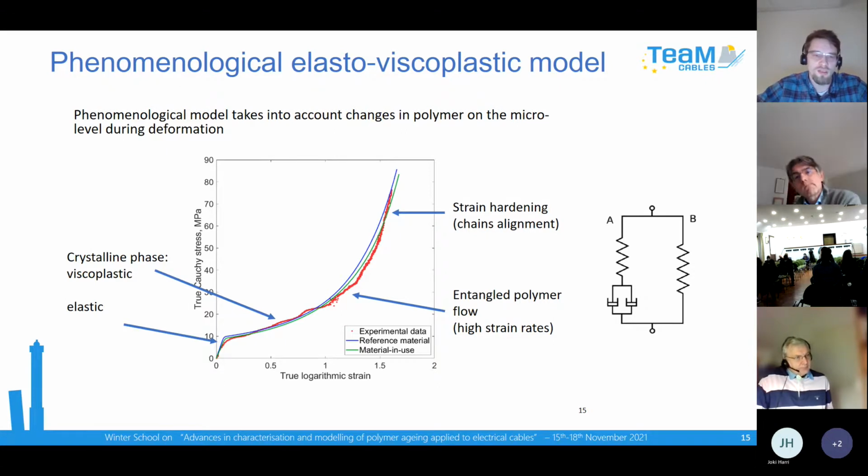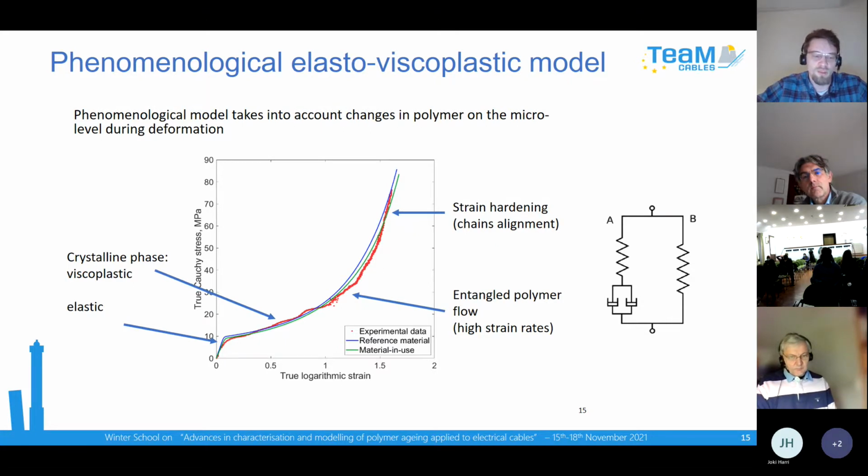So as you can see, the model can explain the stress-strain behavior of the material phenomenologically. So we know what is happening inside the material, and we apply this knowledge, and we obtain the behavior of the material. This approach is much more complex than just using some results directly from the experiments.